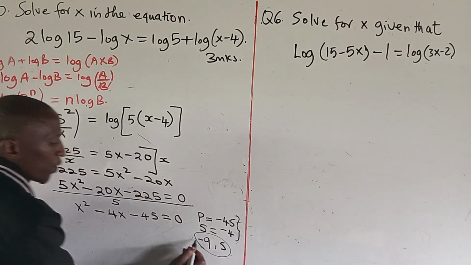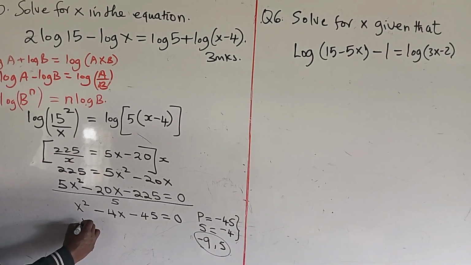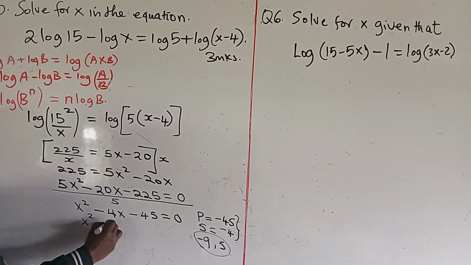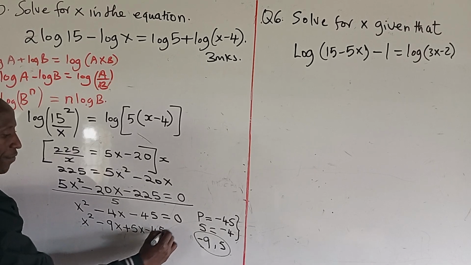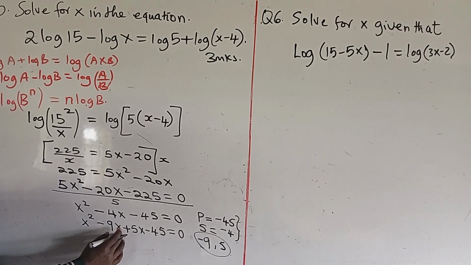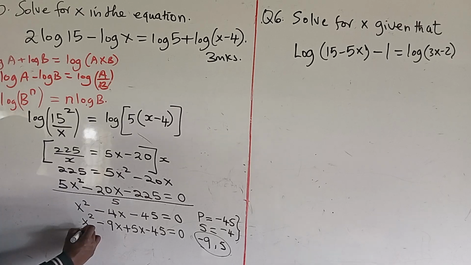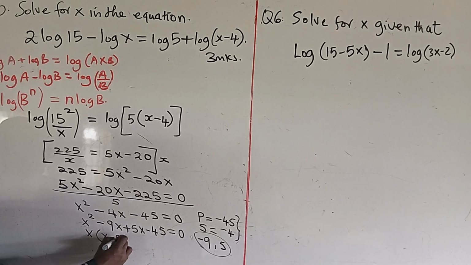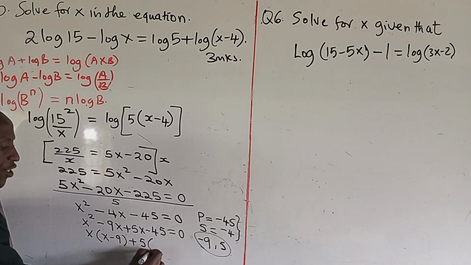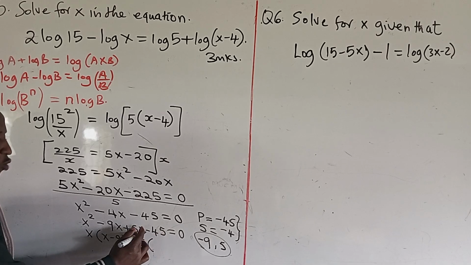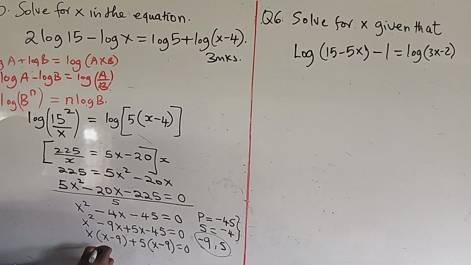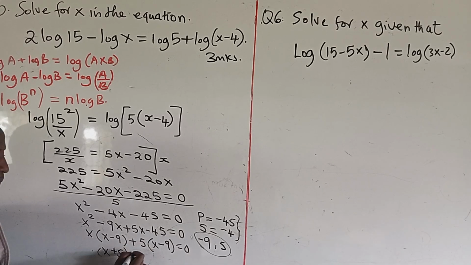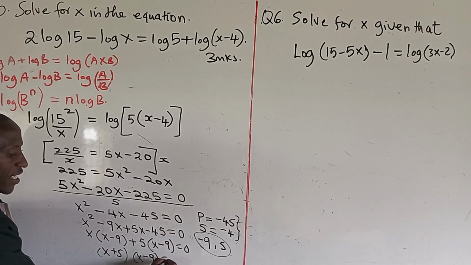These two values, we bring them into the middle term, and we shall have x squared minus 9x plus 5x minus 45 is equal to 0. We factorize the first part, and we get x into x minus 9, plus 5 into, we factorize 5 out, we get x minus 9, is equal to 0. So the factors become x plus 5 into x minus 9, and that gives you 0.